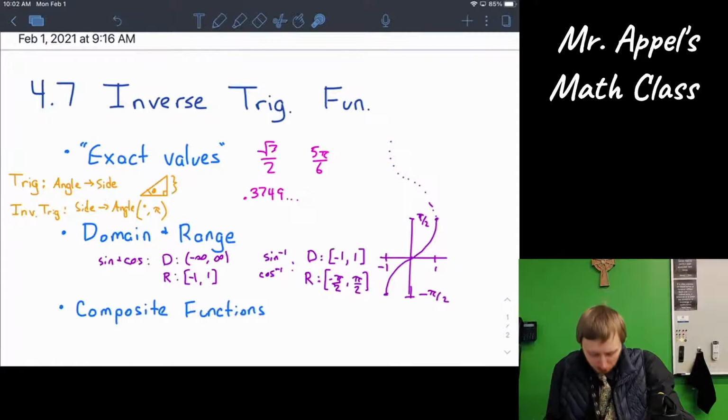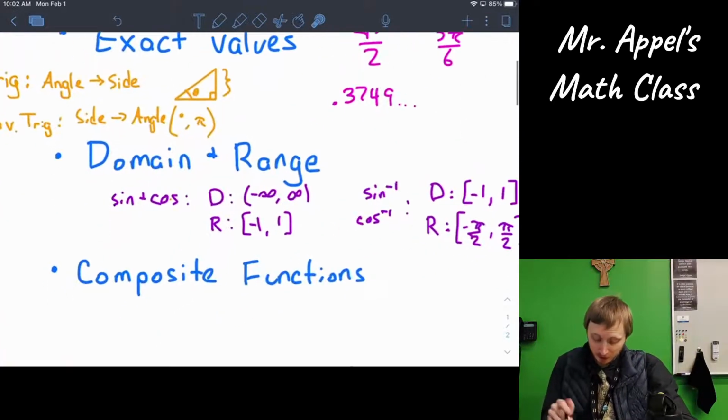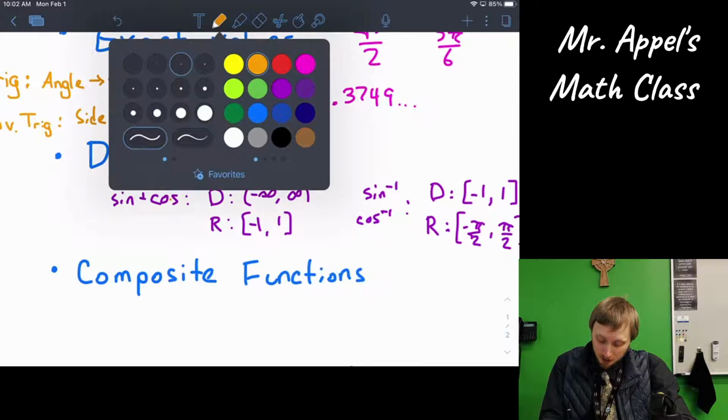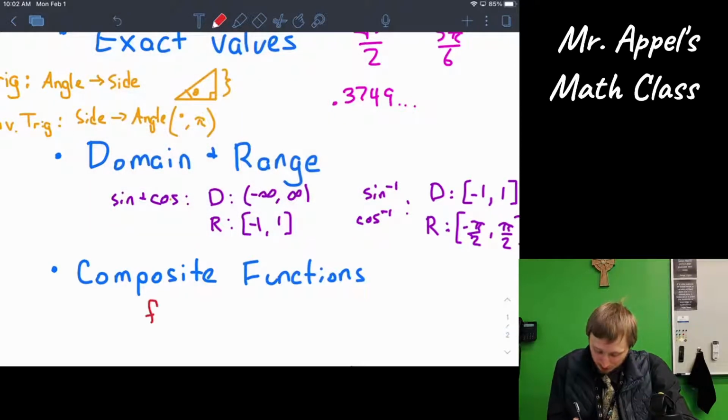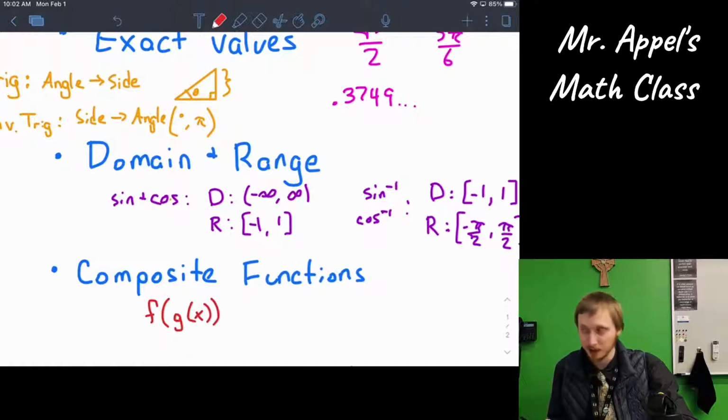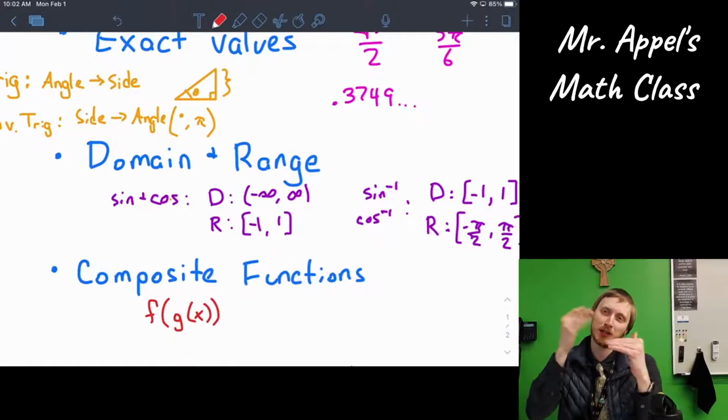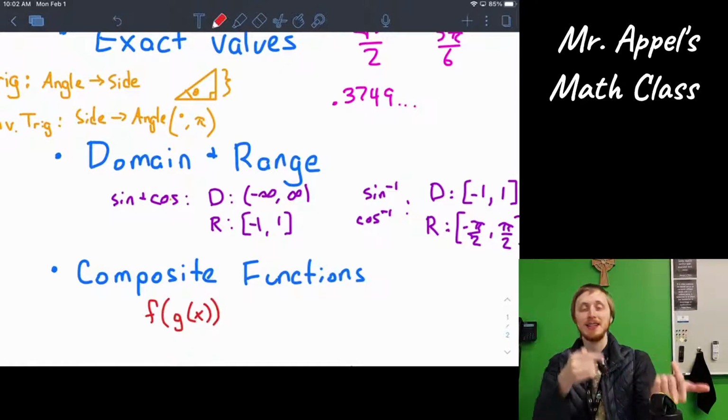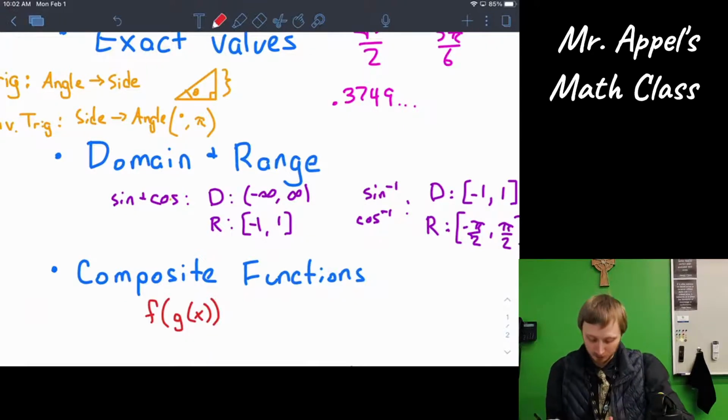No? All right. Then let's get into composite functions, because this is going to be the most difficult. This is where you have a function of a function. f of g of x. That's composite functions. The input of one function is the output of another function.